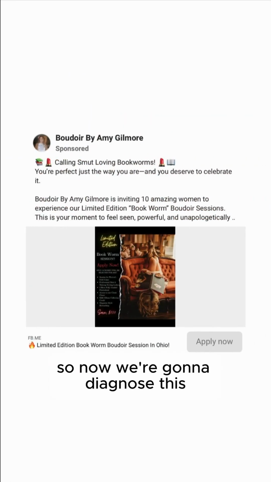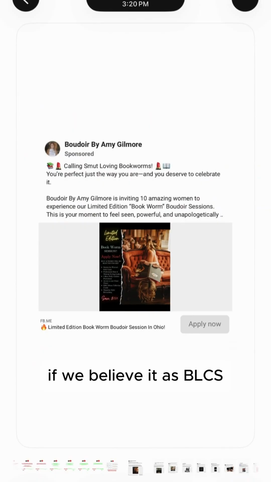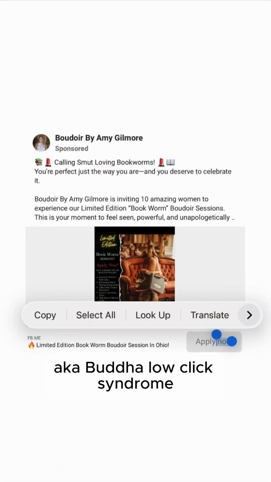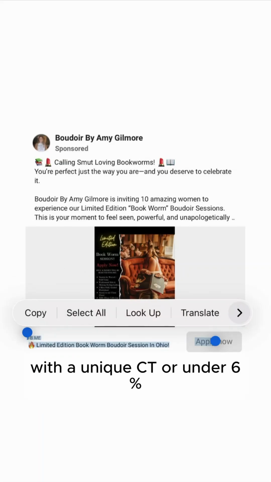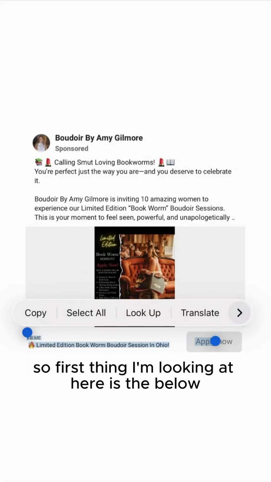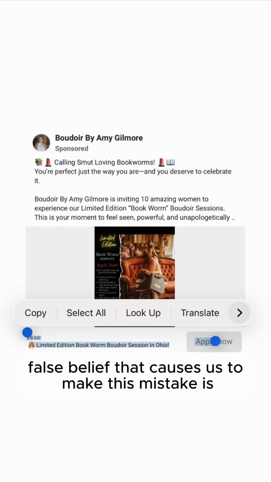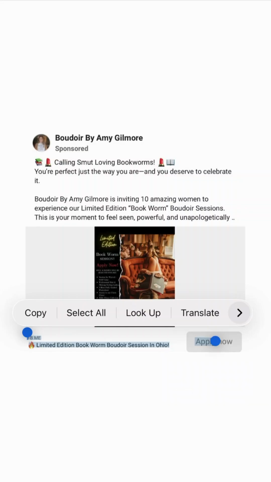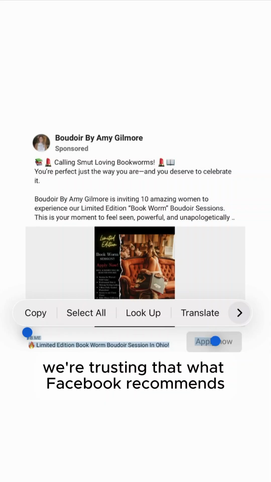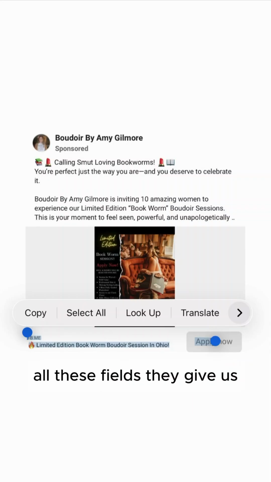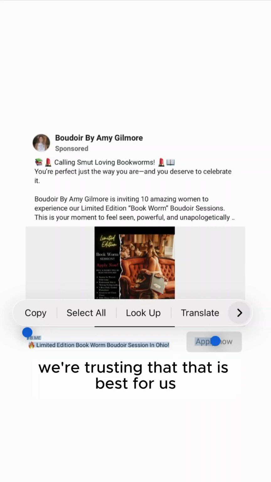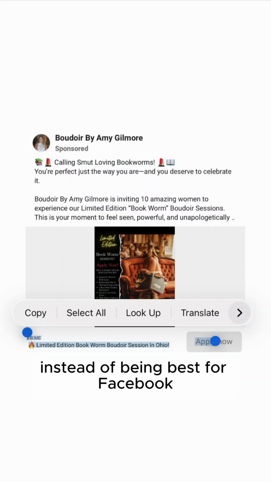So now we're going to diagnose this if we believe it has BLCS, aka Boudoir low click syndrome, with a unique CTR under 6%. So first thing I'm looking at here is the below creative cluster mistake. The false belief that causes us to make this mistake is we're trusting that what Facebook recommends for us to fill out in our ads, all these fields they give us, is best for us instead of being best for Facebook.